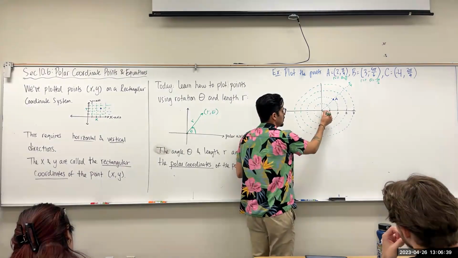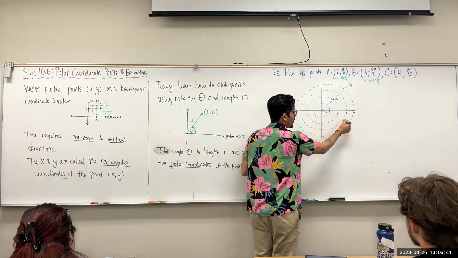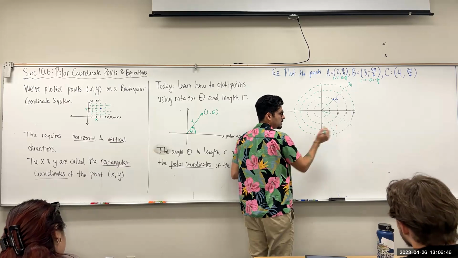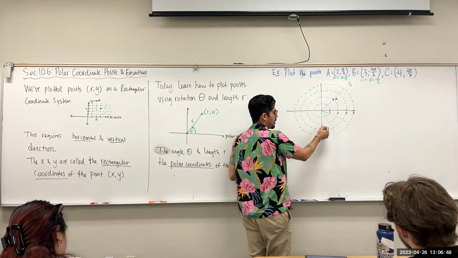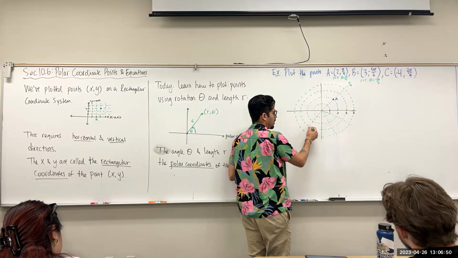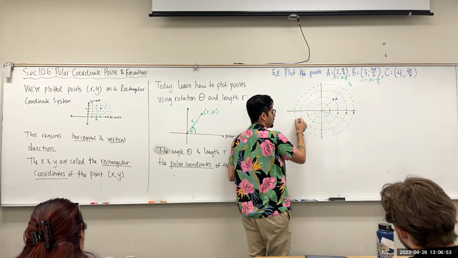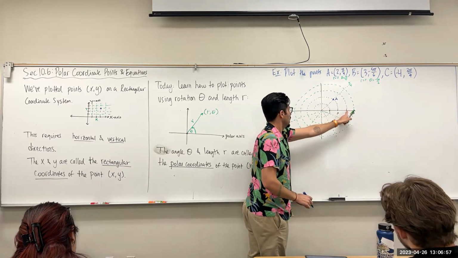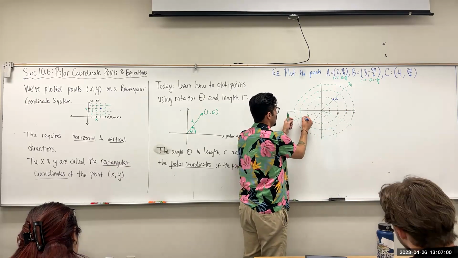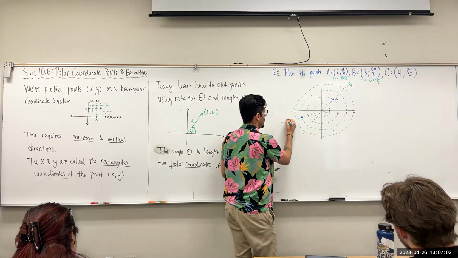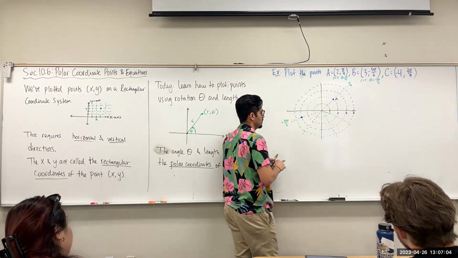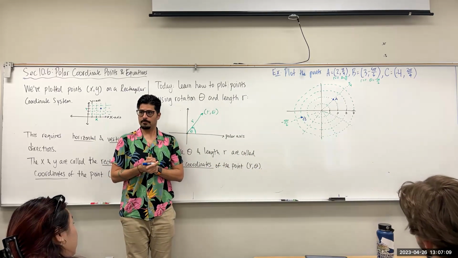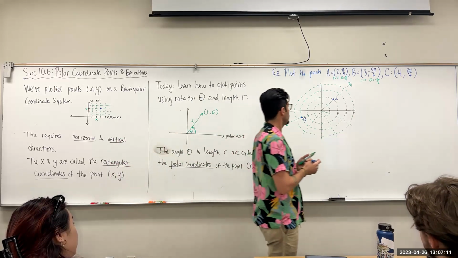Okay, so here's negative pi over 6, negative 2 pi over 6, negative 3 pi over 6, negative 4 pi over 6, negative 5 pi over 6. So circle of radius 3, and then right there is the negative 5 pi over 6 rotation. So this is where point B is. Right. You can see that? Okay.